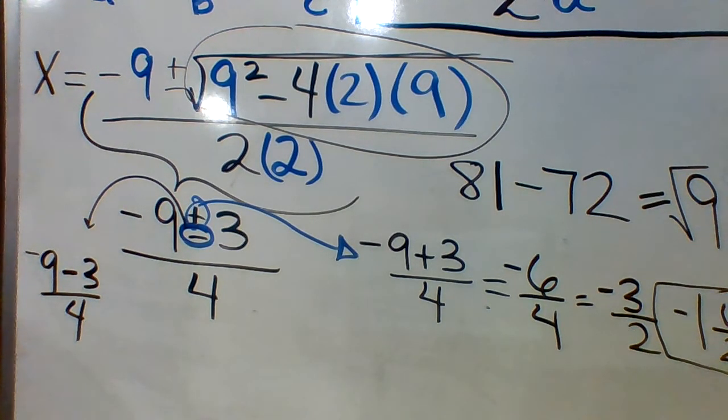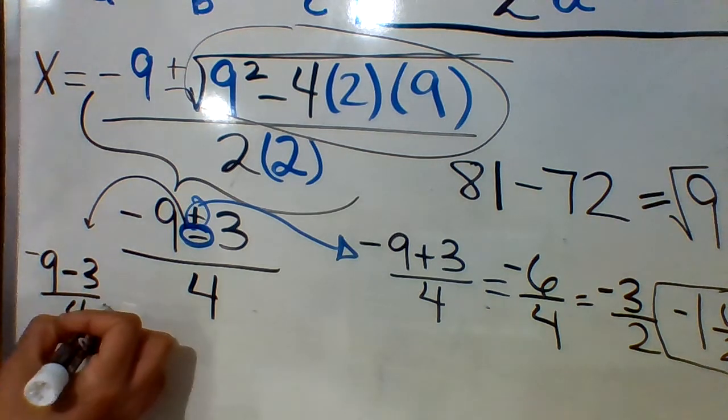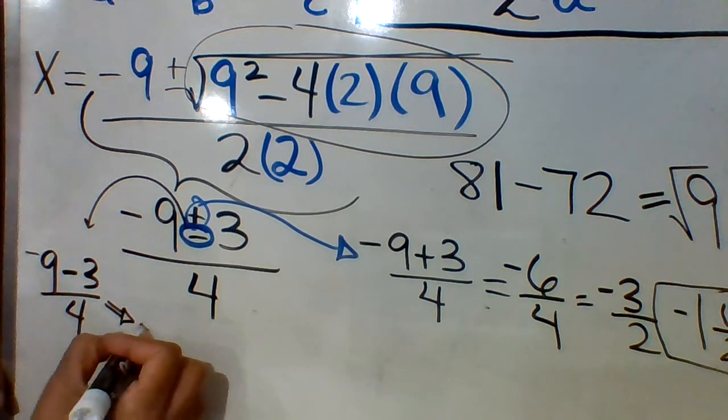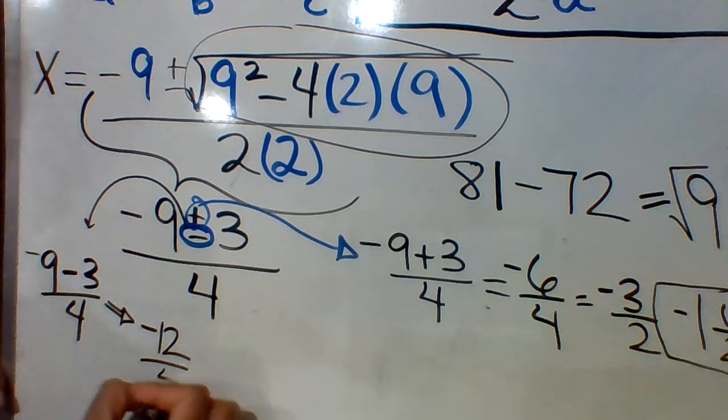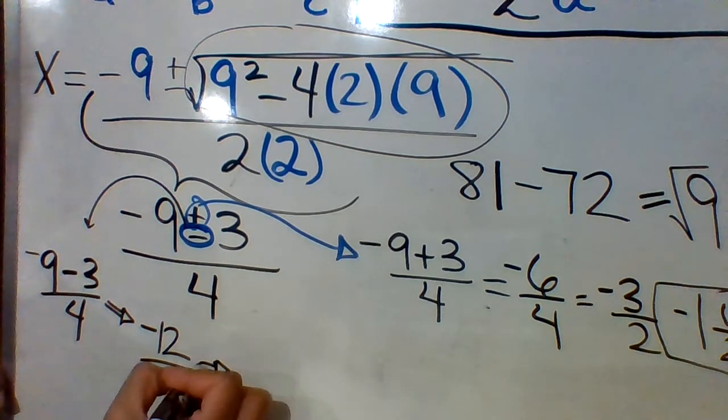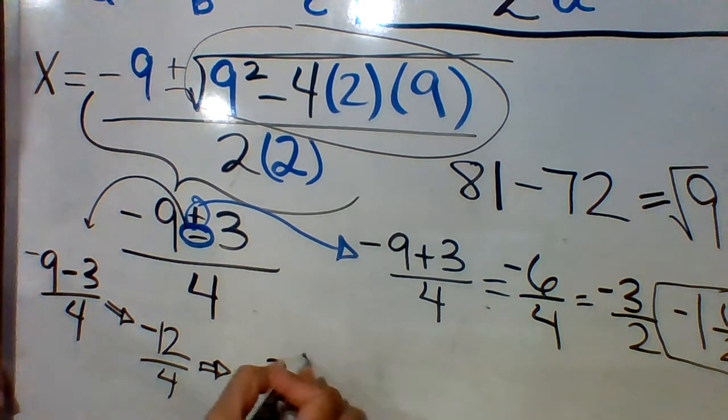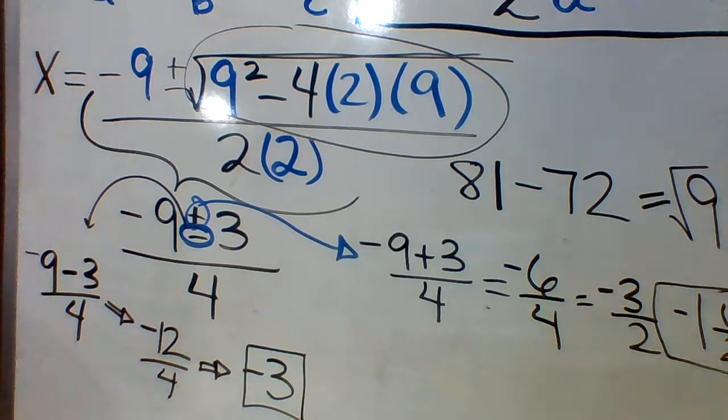So negative 9 minus 3, that's going to give us negative 12. Negative 12 over 4, that's going to give us negative 3. So if you look at your graph, you will see that there is an x-intercept over at the negative 3 as well. So both of these x-intercepts you could see in the picture.